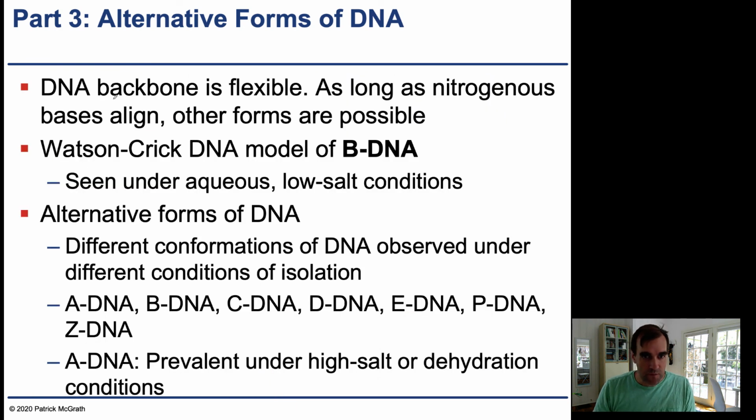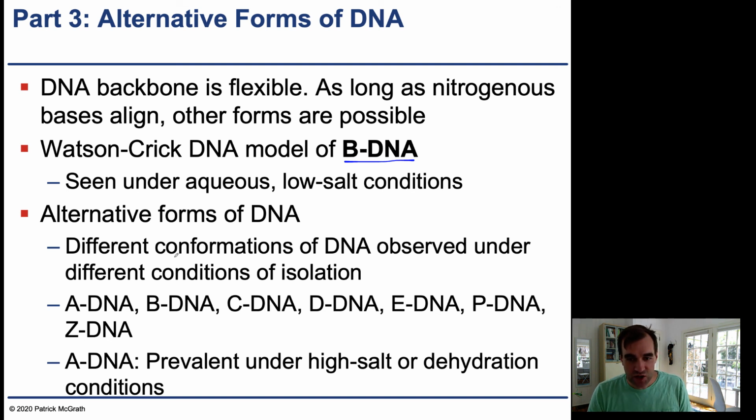So the Watson and Crick DNA molecule model was of B DNA, and that is seen under aqueous, low salt conditions. The A DNA is prevalent under high salt or dehydration conditions.